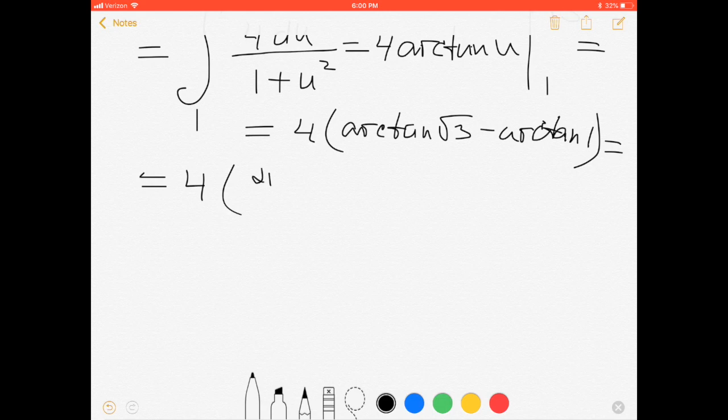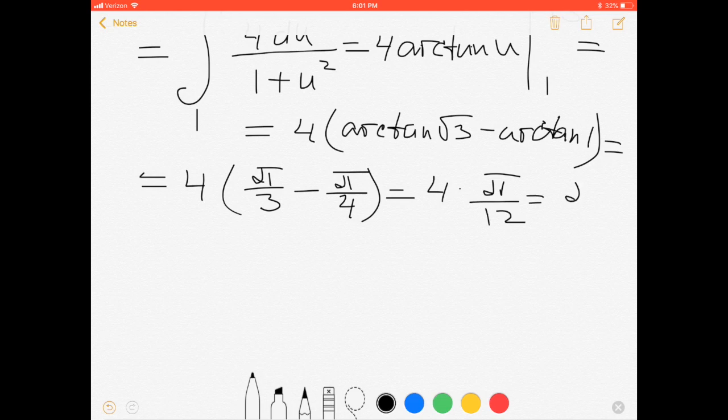I think you all remember it will be pi over 3, and where tangent equals 1, it will be pi over 4. Okay, 4 times pi over 12, pi over 3. This is our final answer.